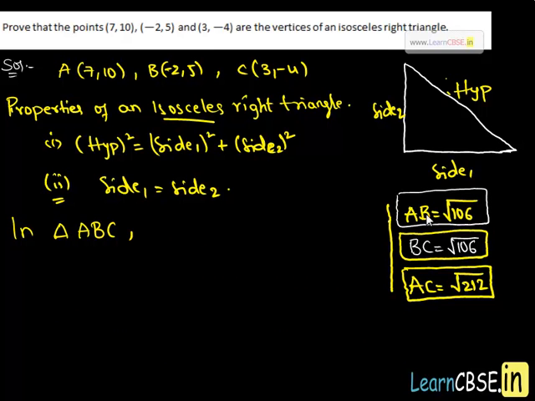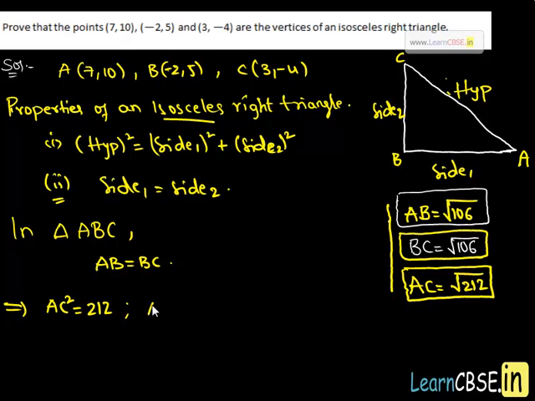Therefore, two sides are equal, that is AB is equal to BC, and AC is greater than the two sides. Then our hypotenuse becomes AC. In this triangle ABC, we have side AB equal to BC. Let us find the hypotenuse square, which is AC whole square, is 212.